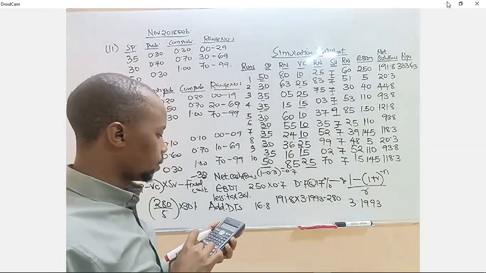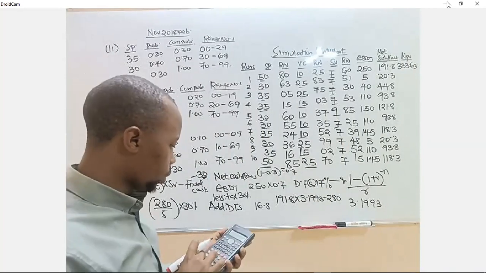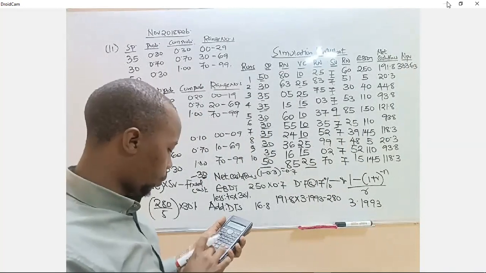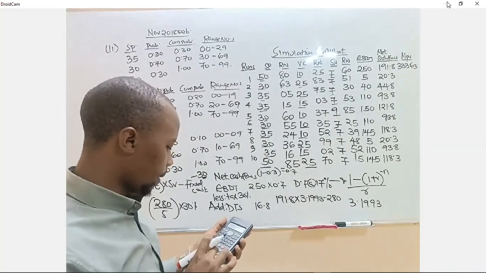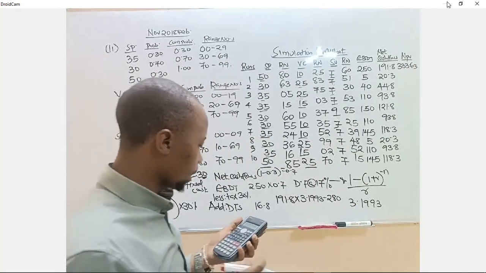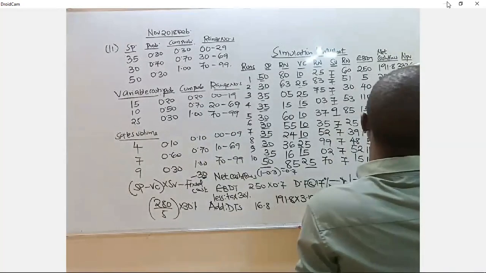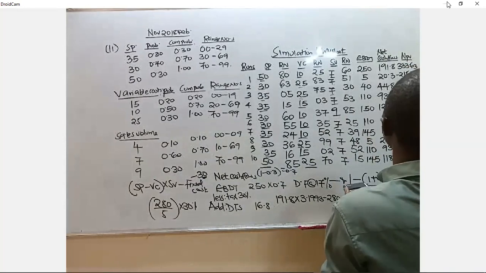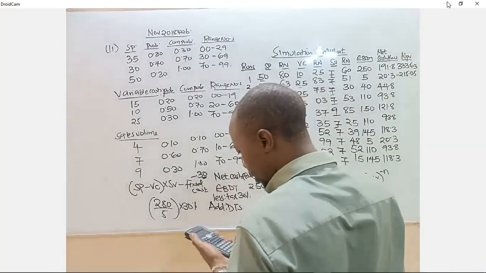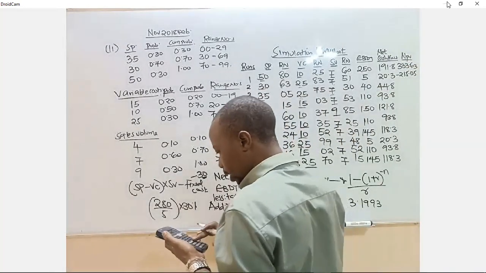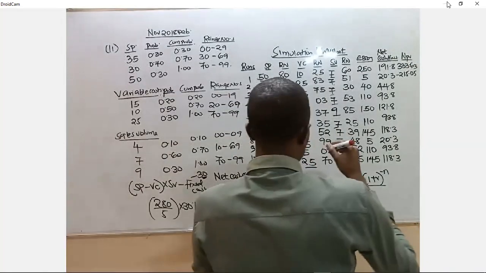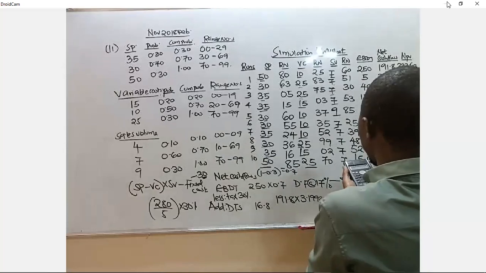The second one will be 20.3 times 3.1993 minus 280, getting negative 215.05. The other one will be 44.8 times 3.1993 minus 280, getting negative 136.67.